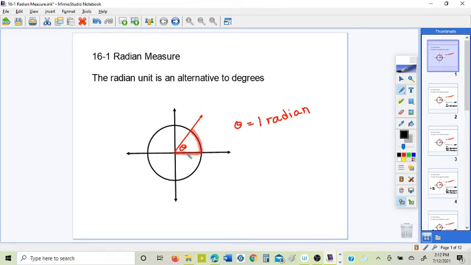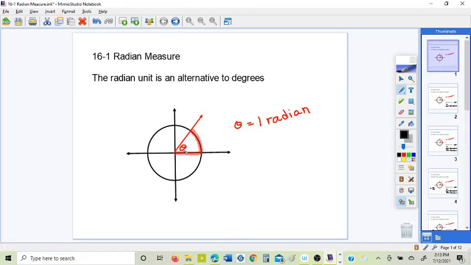So let's think about, first of all, where this definition of a radian came from. Okay, radian sounds like radius. So if you make a circle and the circle has a center at the origin, and you had a certain radius to it, a radian is however long that radius is, but if you take that measurement and you put it along the curve of the circle, that's where the term radian comes from.